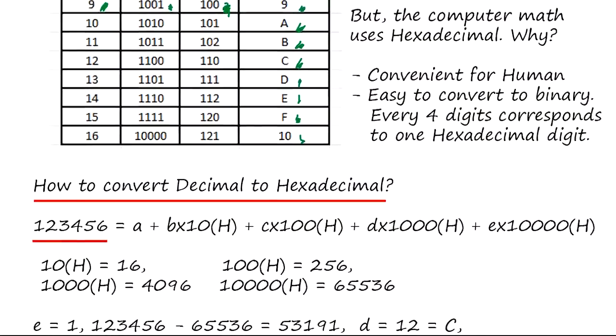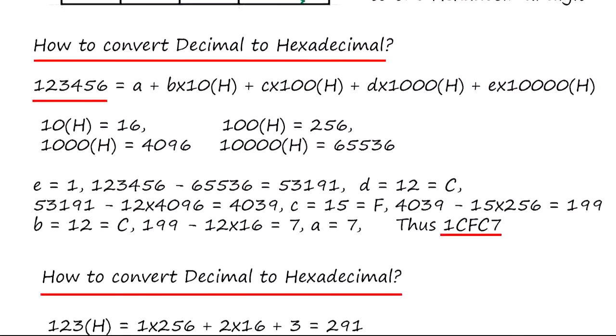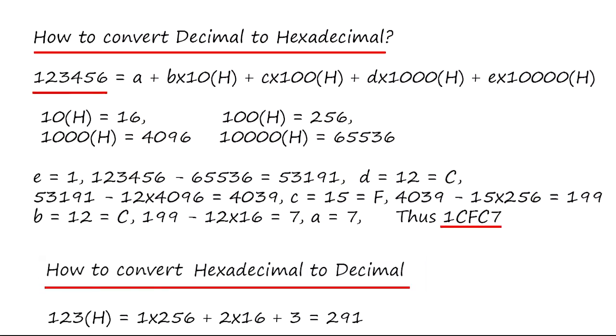Let's talk about how to convert decimal to hexadecimal. Suppose you have a large decimal number, 123456. That's going to be broken down into digits A, B, and so on, times hexadecimal 10, 100, 1000, 10000. We break it down.